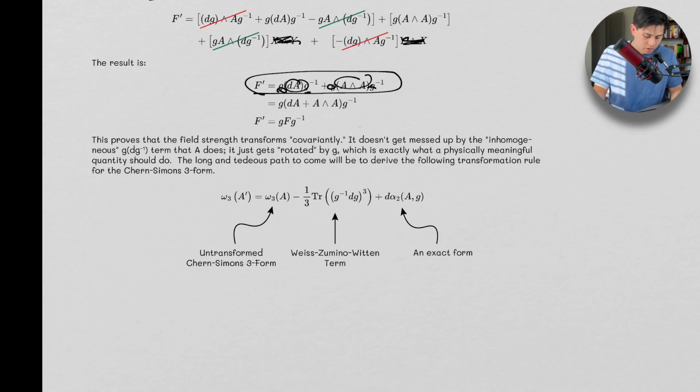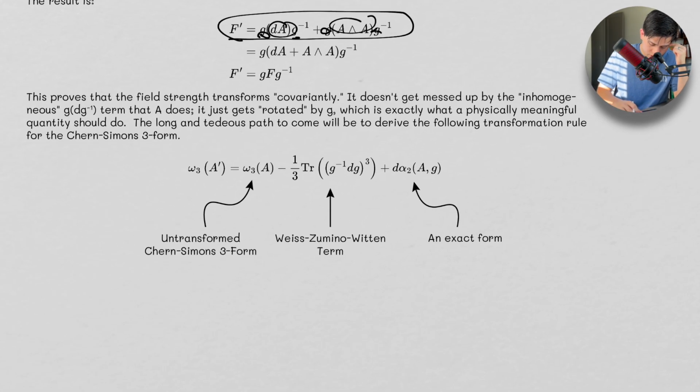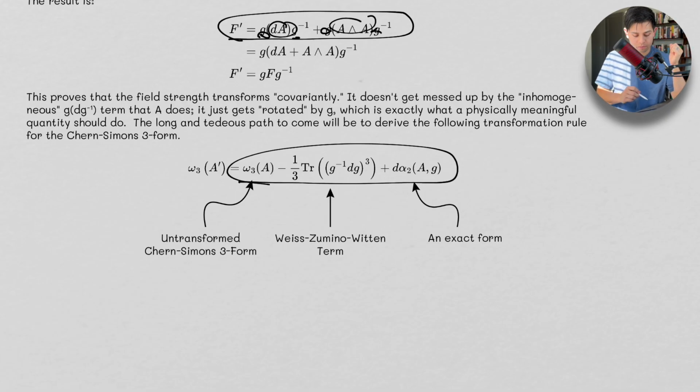So the long and tedious path to come is going to be to understand how the three form itself is transformed. The three form itself is transformed in a way that looks like this. This is the punchline that we're going to get to. This term is just the untransformed Chern-Simons three form.